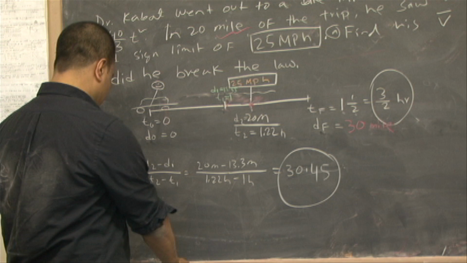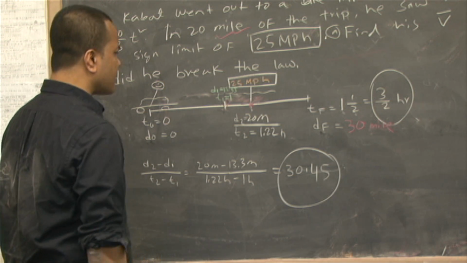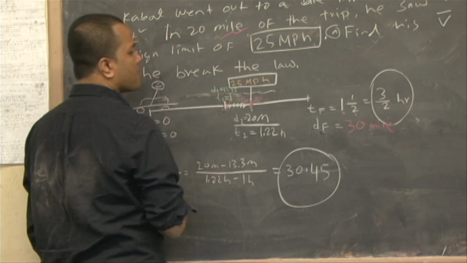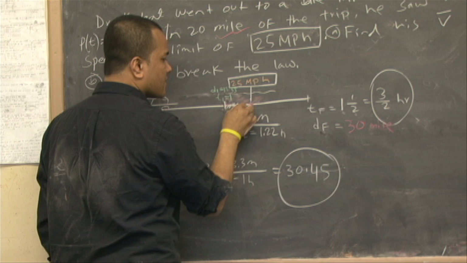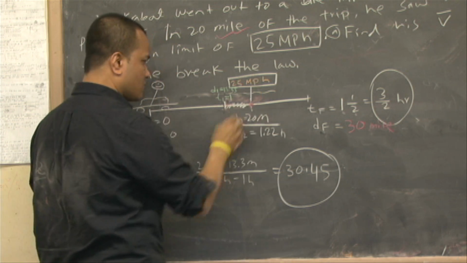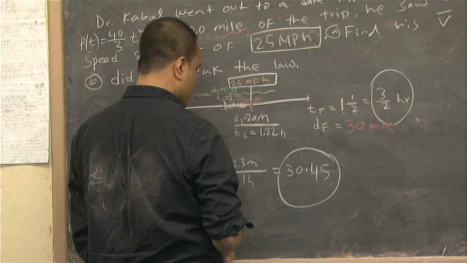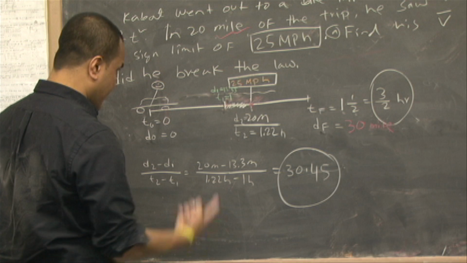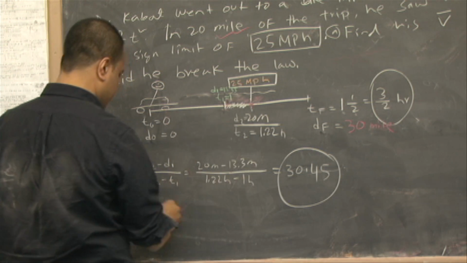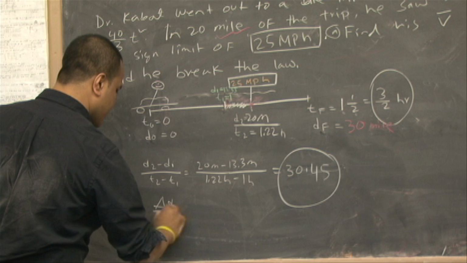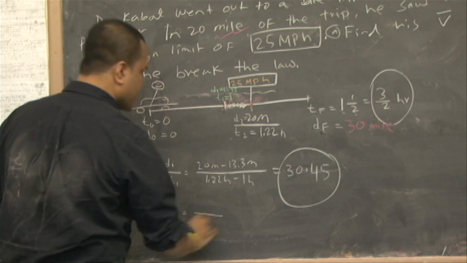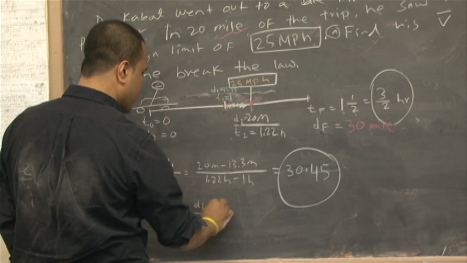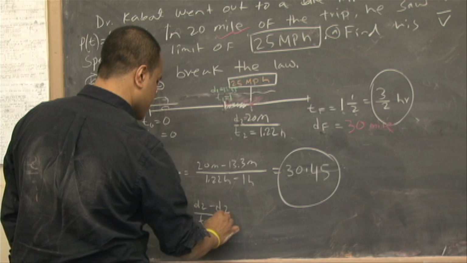Does that mean he broke the law? Well, not necessarily, because he could have slowed down as he was approaching exactly 20 miles, because that's what we care about. So how do we know exactly what he was doing at this point? Let's call this delta D over delta T, which is D2 minus D2 over T2 minus T2.